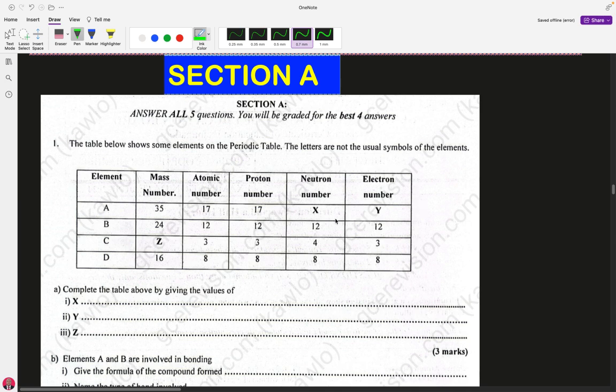So x plus 17 equals 35. Then what should x be? 35 minus 17 gives you x.